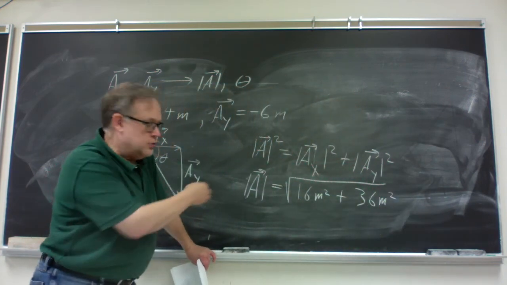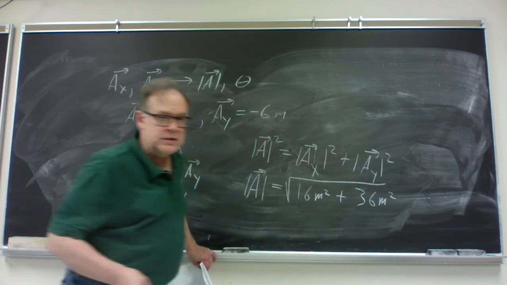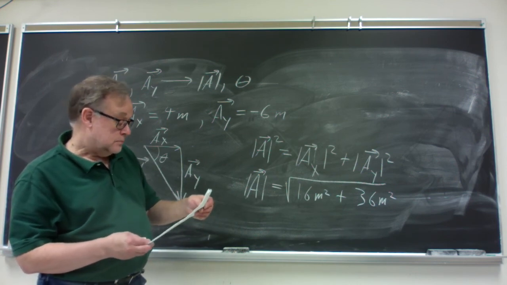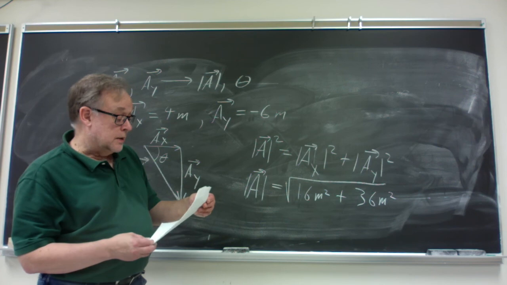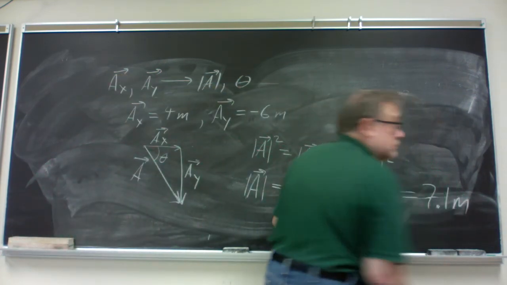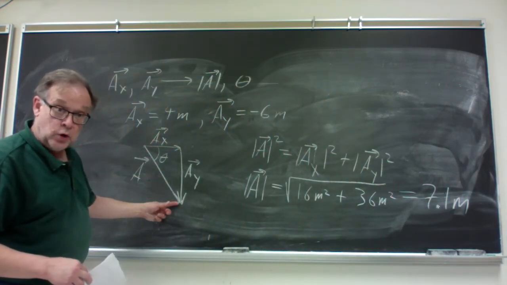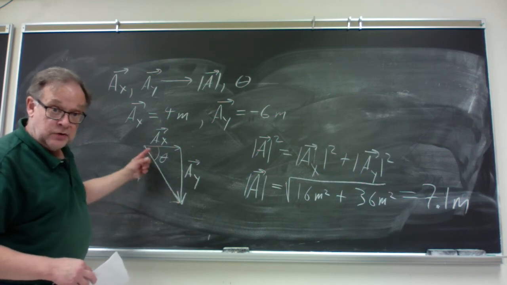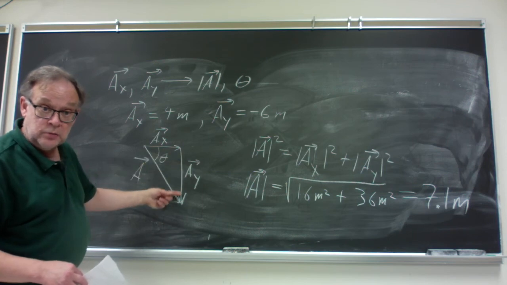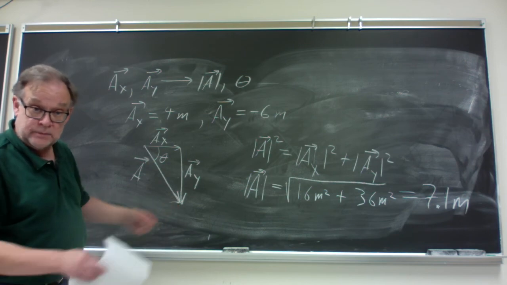So the magnitude of A itself is the square root of 16 plus 36, in other words 50, and that comes out to just a tiny bit more than 7. Say about, when you do the math, it's about 7.1 meters. So this displacement is 7.1 meters long. It's the sum of a displacement 4 meters in the positive x direction followed by a displacement of 6 meters in the negative y direction.